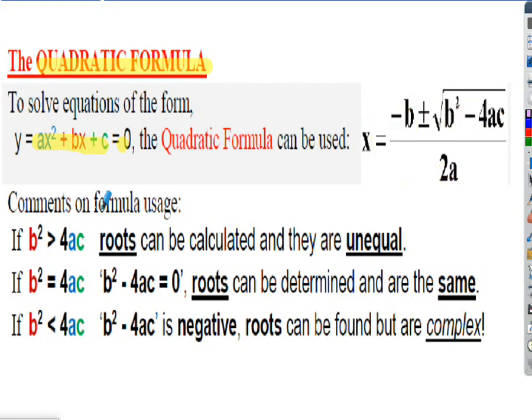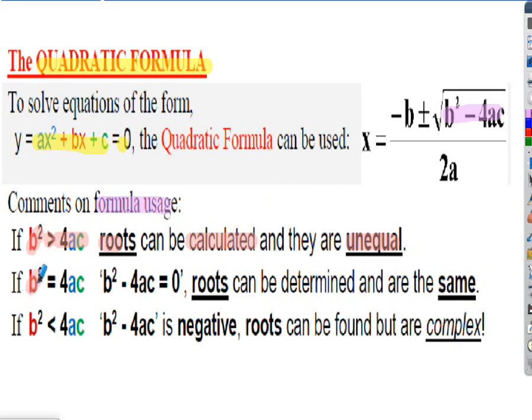Just some general comments on formula usage here, considering the term under the square root. If b squared is greater than the 4ac term, then the roots can be calculated and they're different, unequal.